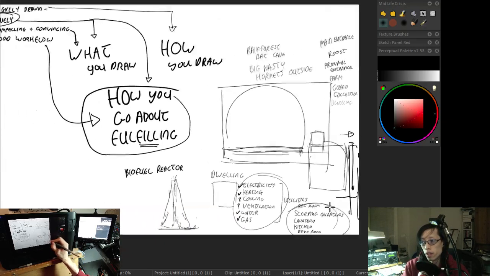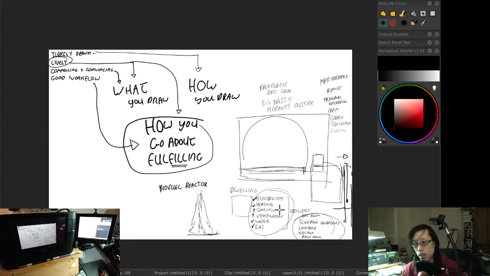So this is what I think of when I say coming up with something that is compelling and convincing. It's not about making a beautifully drawn picture. I guess you could have realistic rendering that is compelling and convincing from a superficial standpoint. But when it comes time to do deep design, this is the really important stuff.